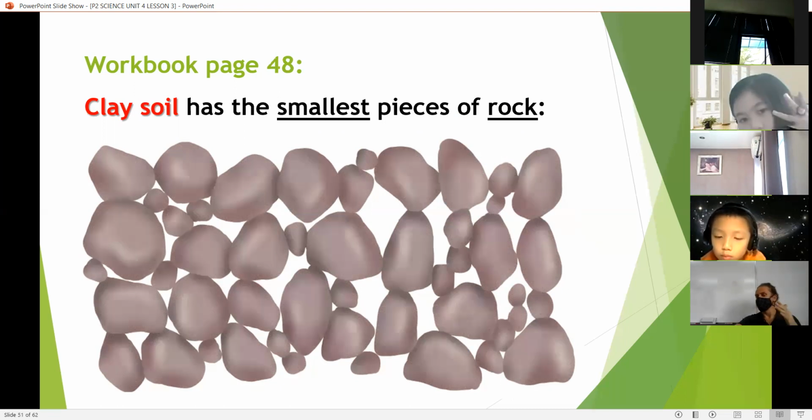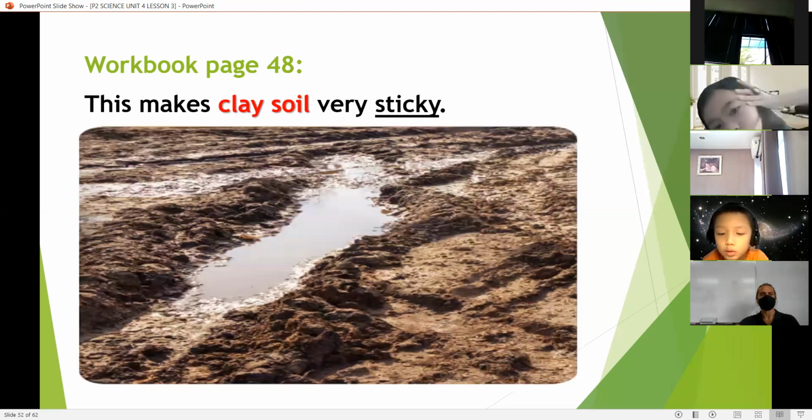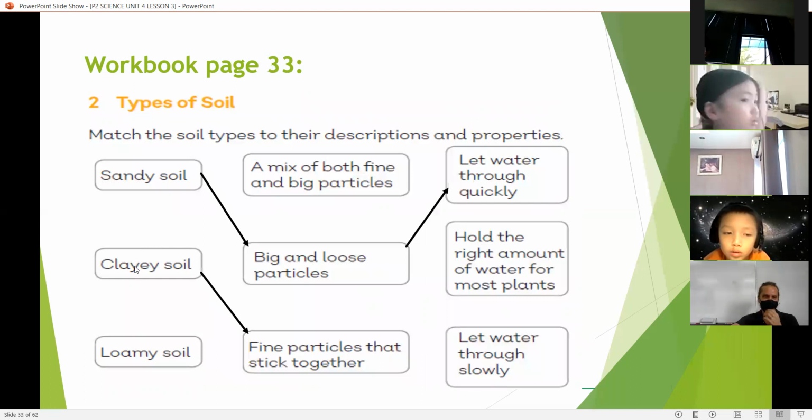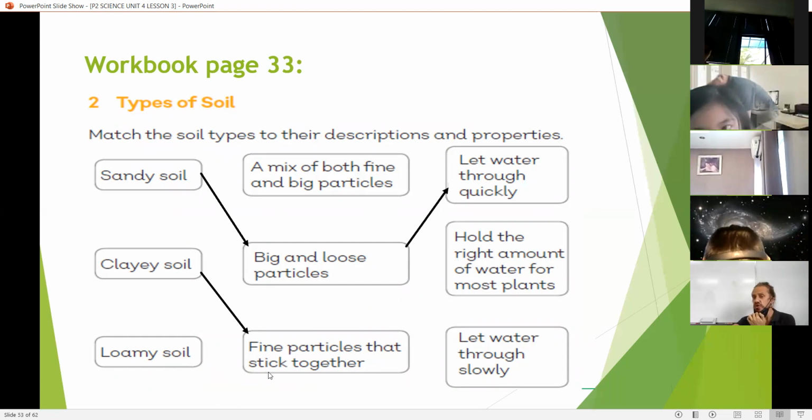And when you add water to clay soil, it is very, very sticky. Here we can say clay soil has fine particles that stick together.